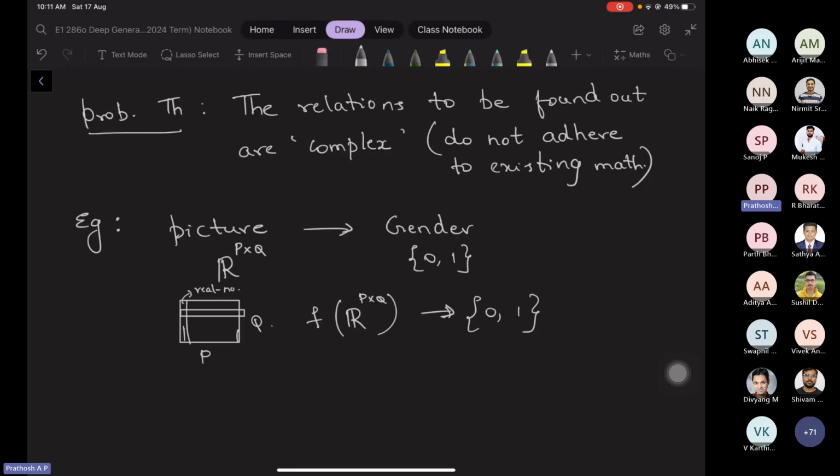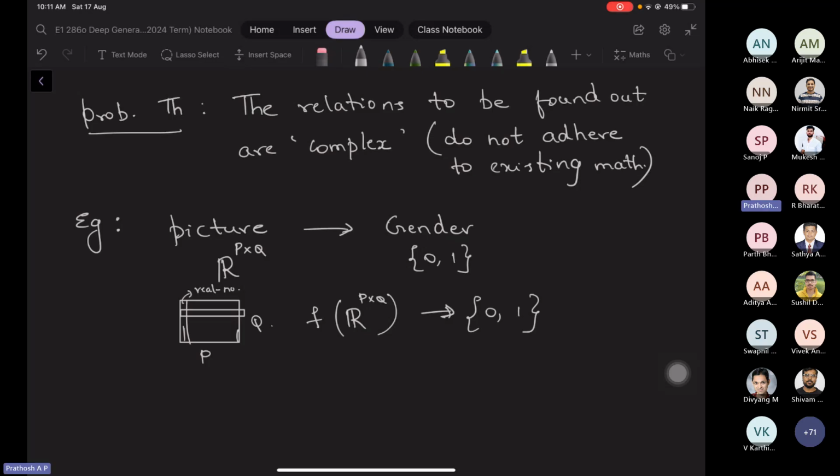In the sensor there is a voltage or current change, and that is recorded as a real number here. That is what a picture is, and these grids correspond to different spatial locations of the object. So what are we trying to do here? We want to relate the amount of light that a particular position reflects to an idea called gender. You see what's happening?